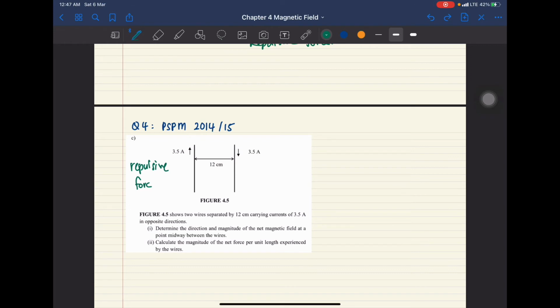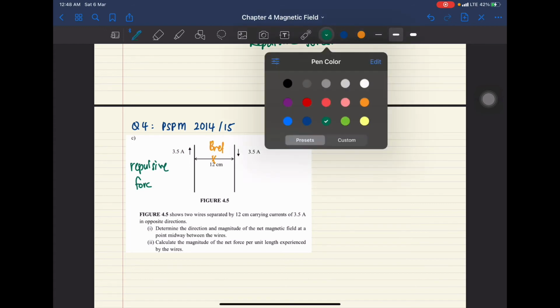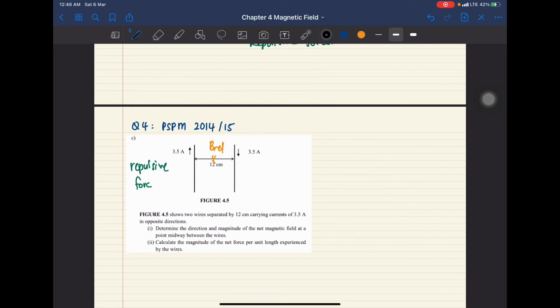Okay, question number 1, they want to determine the direction and magnitude of the net magnetic field at the point midway between the wires. So the question asks you to find the value of B net. Remember, it's actually B net. So to solve that one, you can do it one by one. You can use B equals mu naught I over 2 pi r.